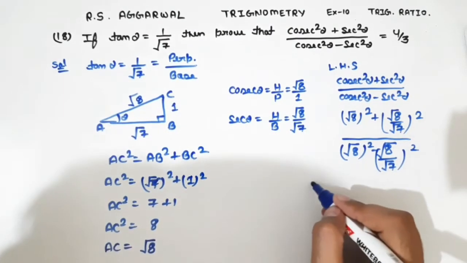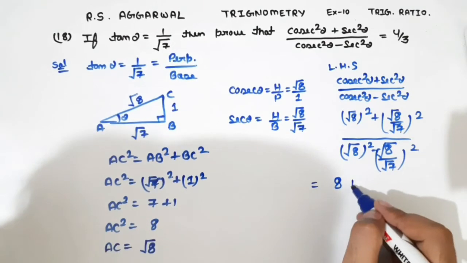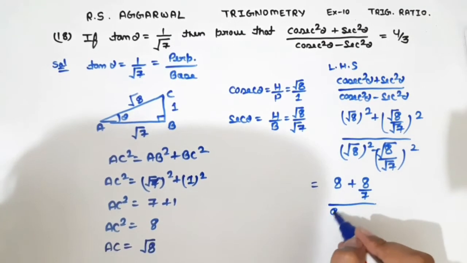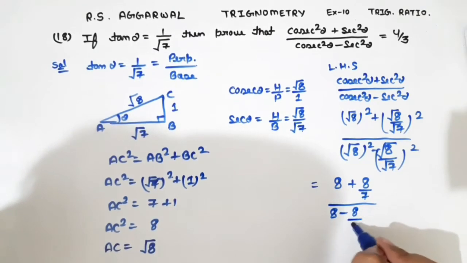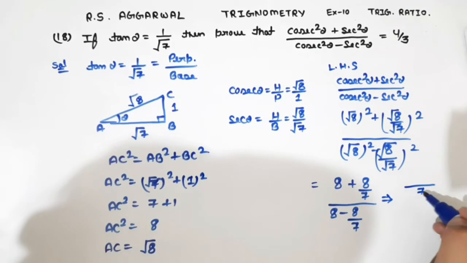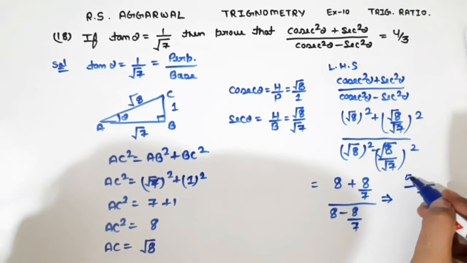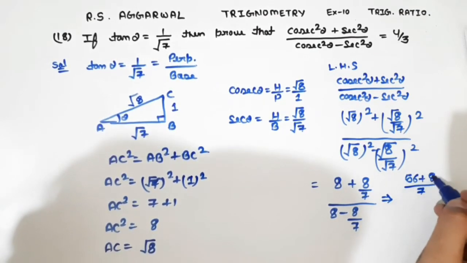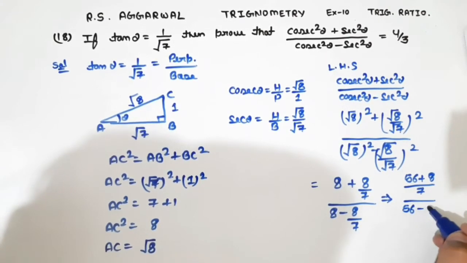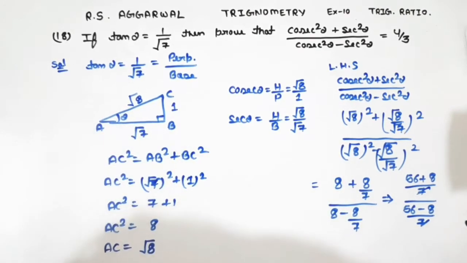So this will be 8 plus 8 upon 7 and 8 minus 8 upon 7. So from here our LCM will be 7. 7 8s are 56 plus 8, and that will be 56 minus 8 upon 7. 7 will be cancelled out.